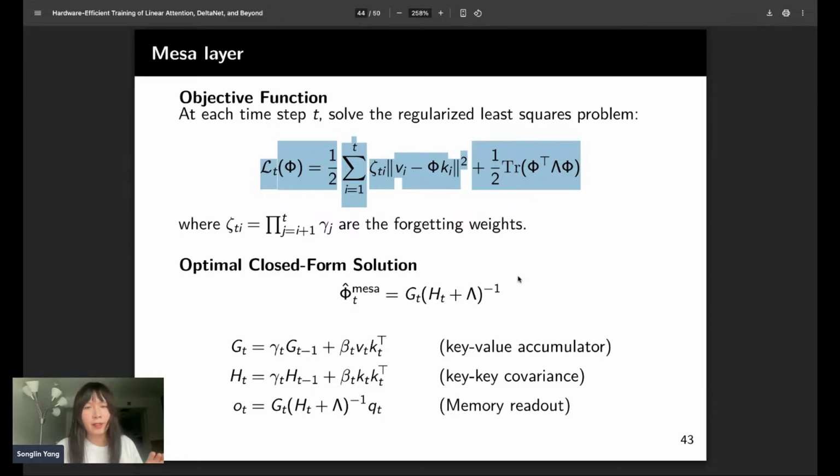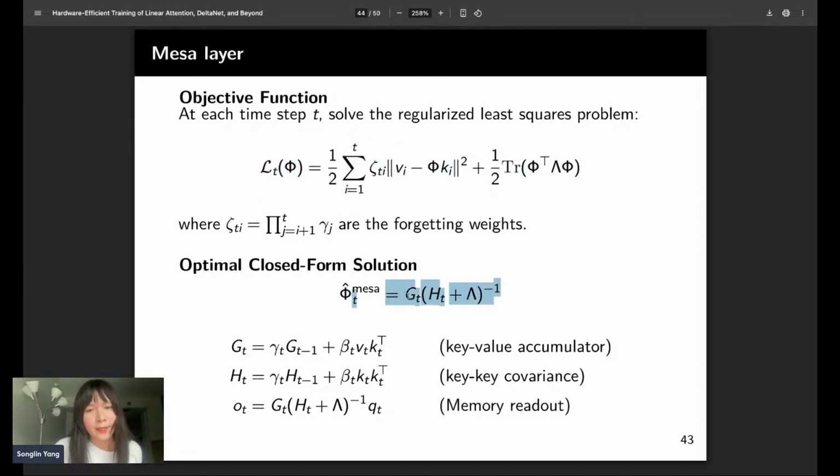And we can have the closed form solution for this update. So here we have these two hidden states. The first one is very similar to some sort of gated version of linear attention. And we also have another state that tries to compute this key covariance matrix.